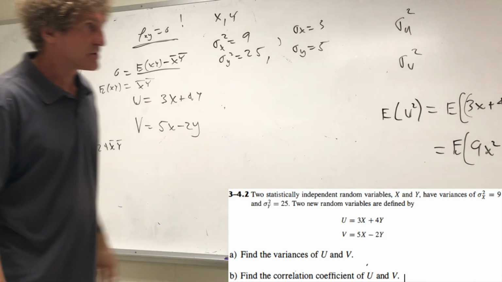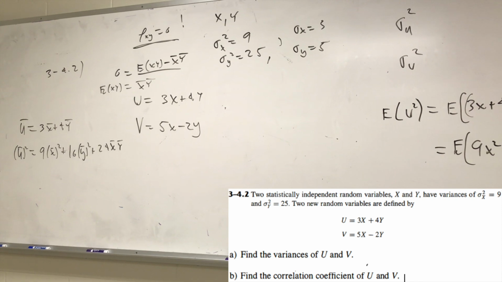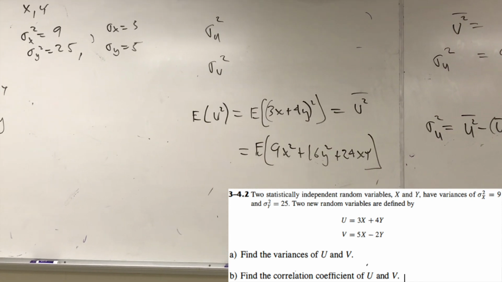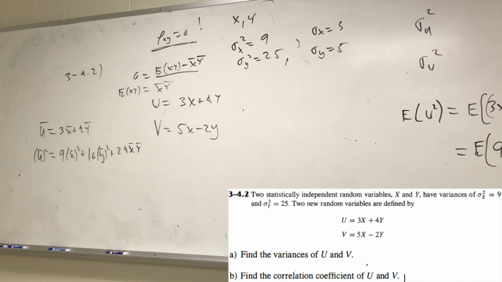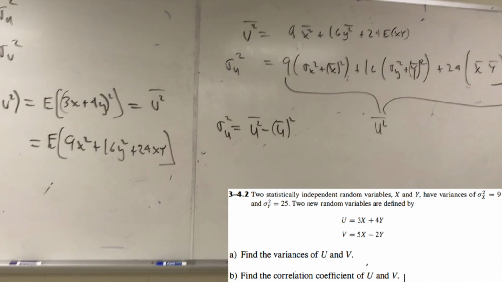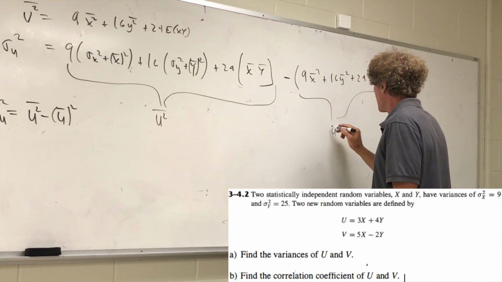You're going to have to help me here. So now I need to subtract that u squared right here that I gave you. So what am I going to subtract? Can you read that to me? 9x bar squared, go ahead, plus 16y bar squared plus 24x bar y bar. Can everybody follow me? And this part right here is just u bar squared.